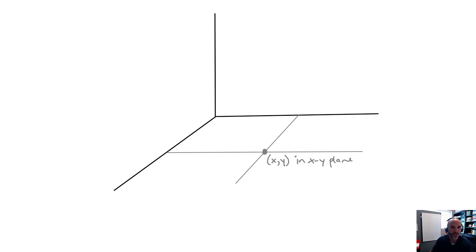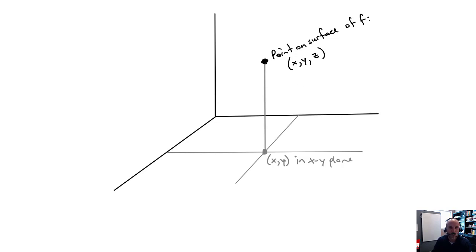And so to get the z value, maybe it's a positive z value, so I'd go up from that point vertically, and I would land at some point in R3, and this would be a point on the surface of our function f, and that point would be the ordered triple x comma y comma z.